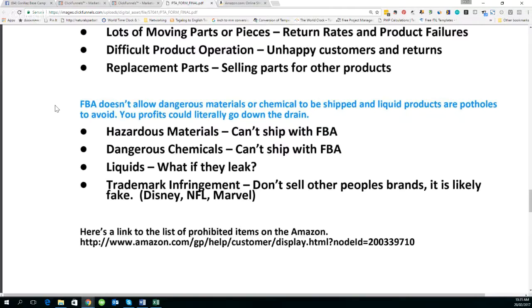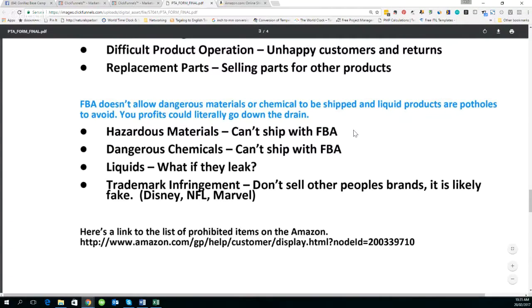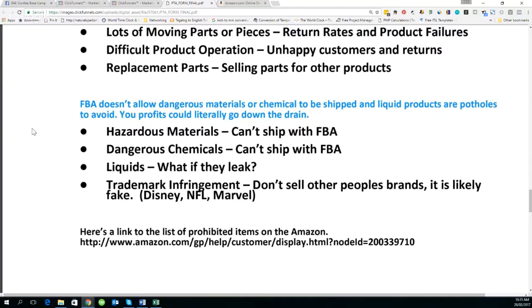Hazmat is just short for hazardous materials. You need to be careful with that, because they don't accept a lot of the stuff. If they do accept it, you need to show quite a bit of paperwork with respect to where you got the product from, what it contains, et cetera. And again, that's more additional hoops you really don't want to start jumping through.